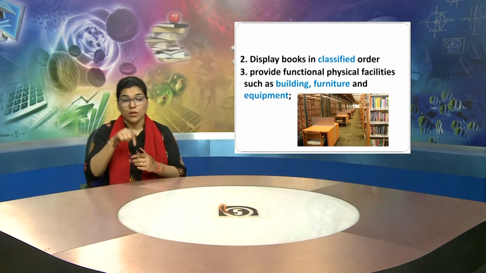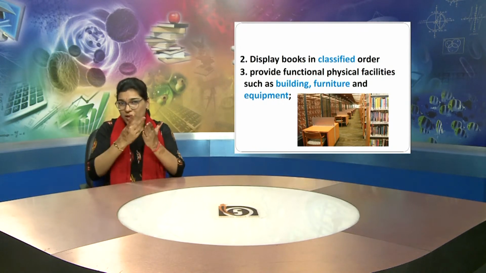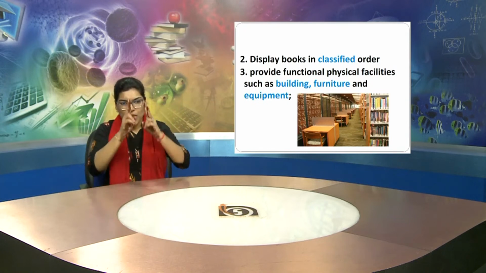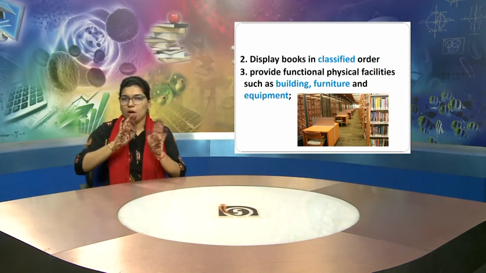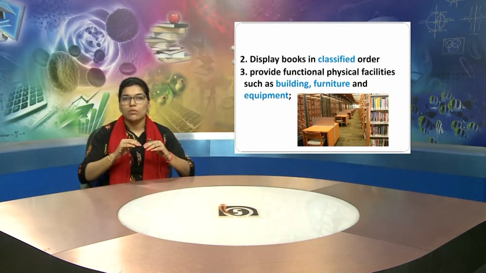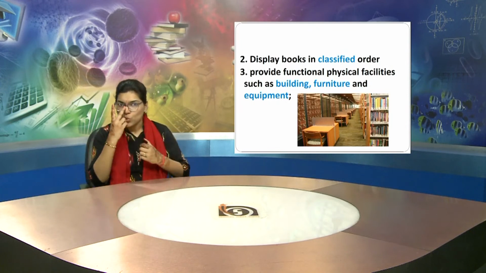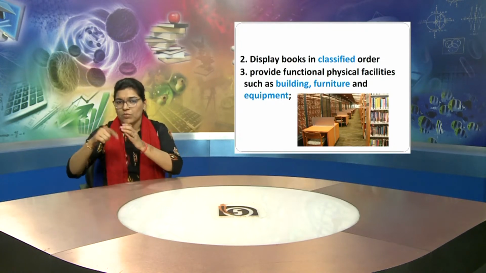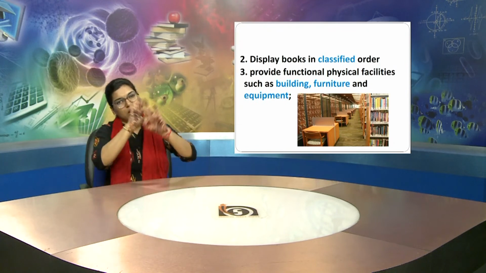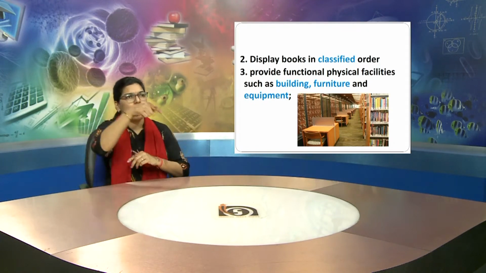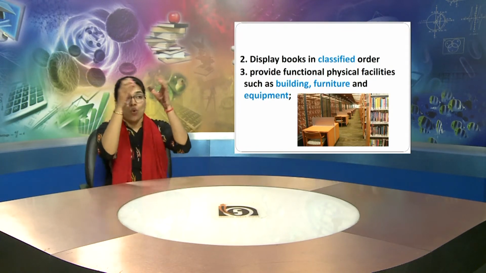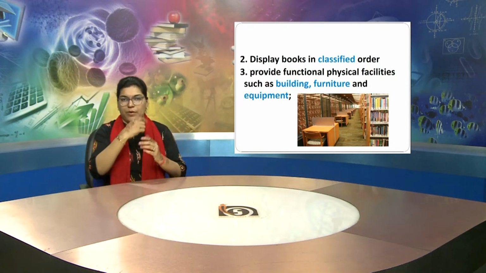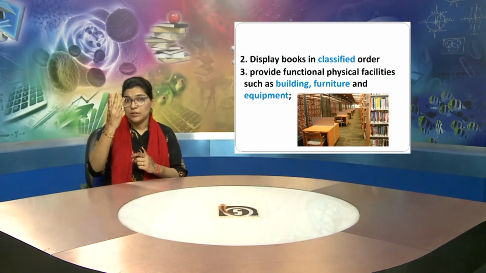This is the second function. It tells us that the important function of library is to display books in a classified order, so that subject wise all the books are arranged in their particular shelf and students can easily search their subject's book.